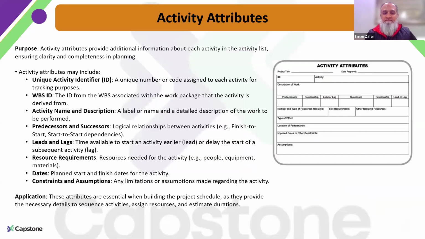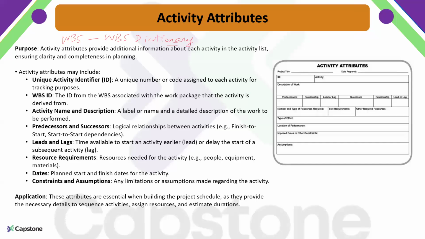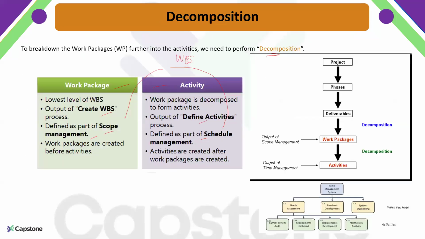So as we saw in the case of the work breakdown structure, we had a work breakdown structure dictionary. Yes, Usman. Imran, if we can go back to the previous slide, I saw something related to a value management system. If we can briefly discuss that, how do we use that, and in which process do we do that?